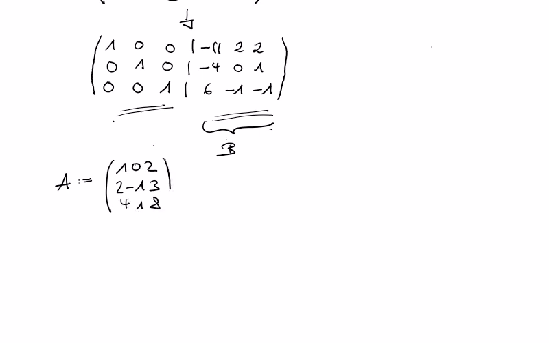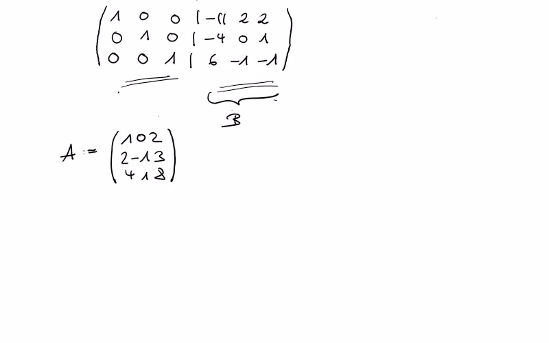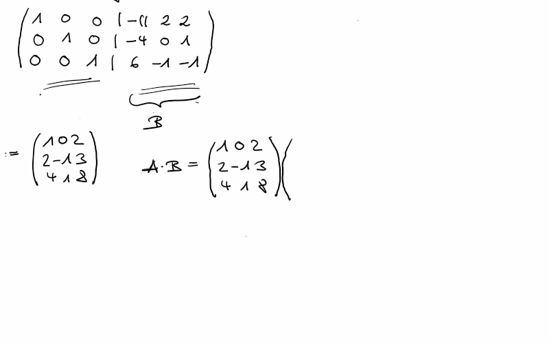So that was our matrix A. And now let's see what happens if we actually do the matrix product A times B. So that would be 1, 0, 2, 2, minus 1, 3, 4, 1, 8 times minus 11, 2, 2, minus 4, 0, 1, 6, minus 1, minus 1.